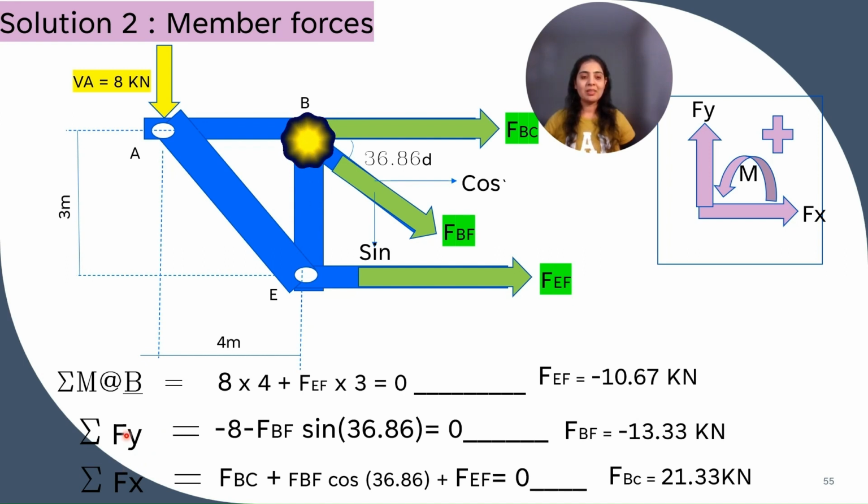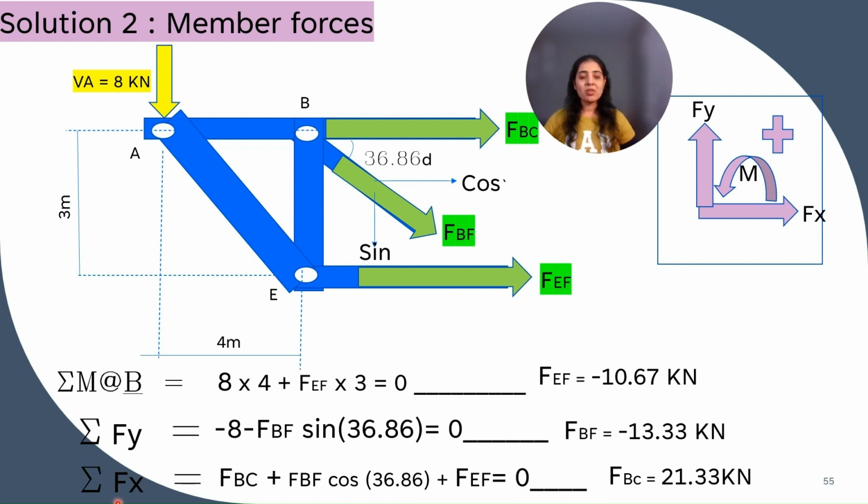Let's apply minus of 8, and now the inclined force, its downward component, the sine component, minus of FBF sine of 36.86 is equal to 0, which gives us force in member BF is equal to negative 13.33 kilonewton.